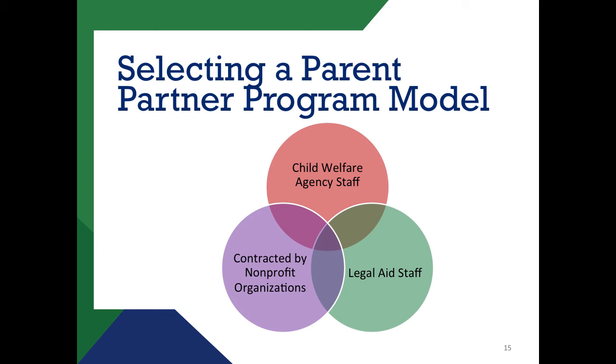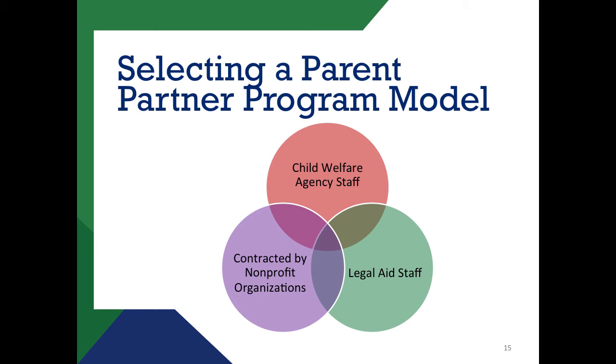And then we're going to talk about the legal aid staff. Some of the benefits are that parent partners in the legal field are protected by attorney-client confidentiality. They might be provided training by judicial staff that other program models wouldn't be able to provide, and they are able to advocate in court with the assistance of the attorney.